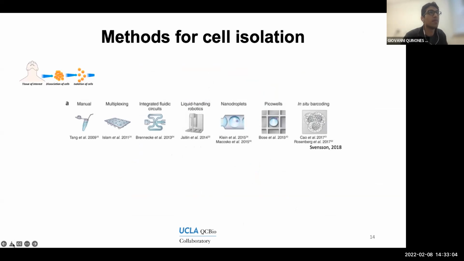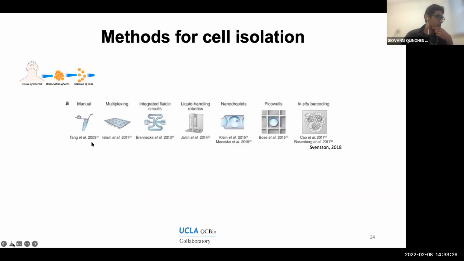So when it comes to cell isolation, this is another figure representing the different methods. I included it here to give some idea of the timeline and how these methods have been evolving.